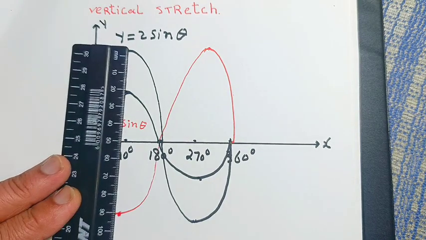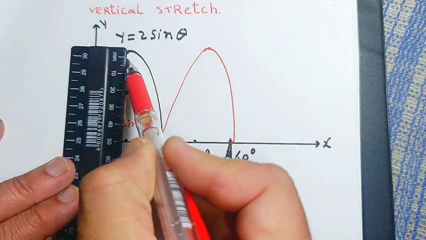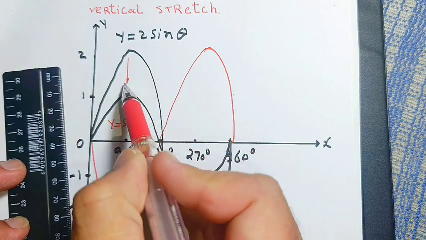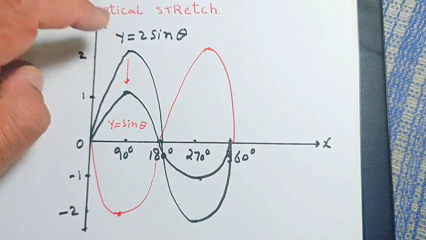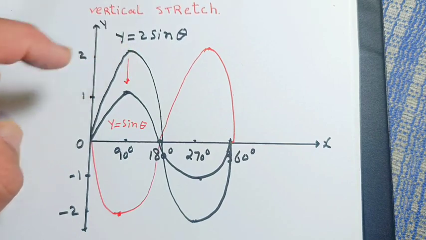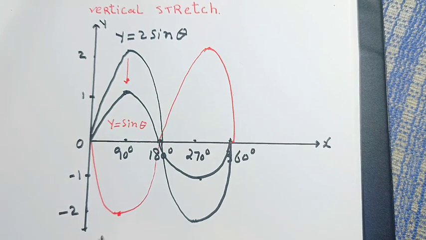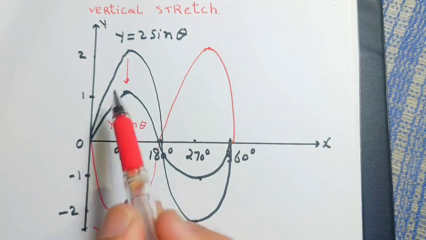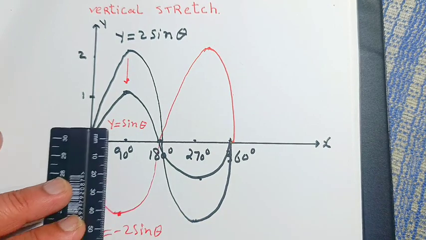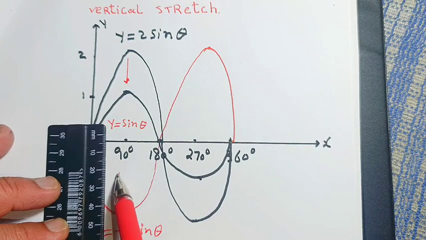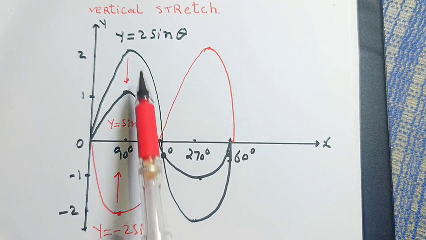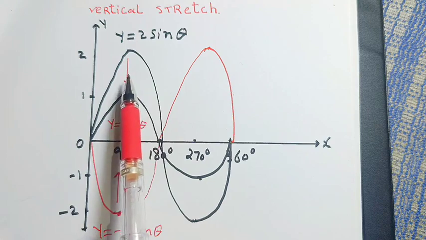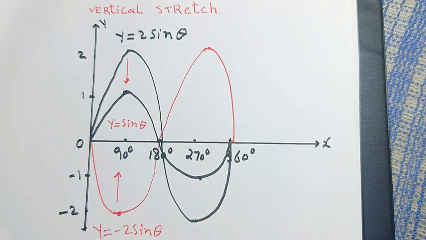Have a look here. If I look from the top and I look down, I will look here, then this is y is equal to 2 sine theta. So this graph, y is equal to negative 2 sine theta, is a reflection of that graph. And if I look from the bottom to the top, you can see negative 2 sine theta and y is equal to 2 sine theta, this is the reflection of this graph.